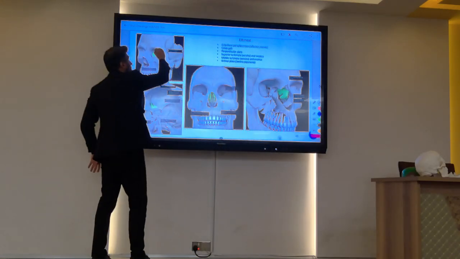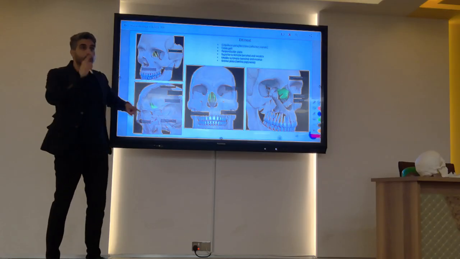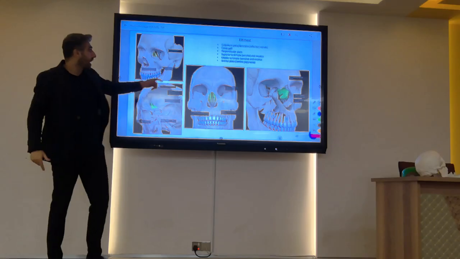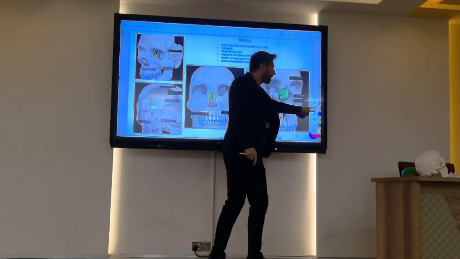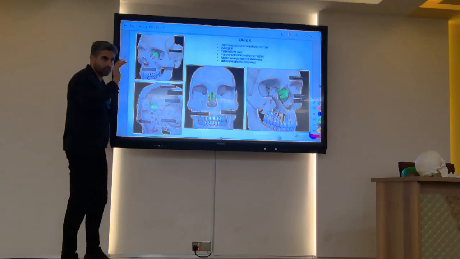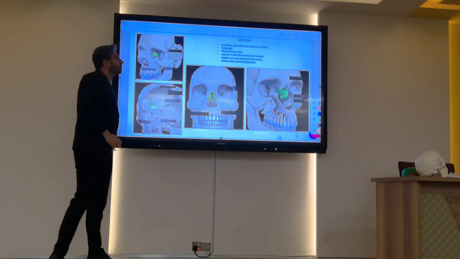For this reason, we can see some part of the ethmoid bone here inside the orbit. After lacrimal bone, this is lacrimal bone, for tear, after that, you can see some part of the ethmoid bone.